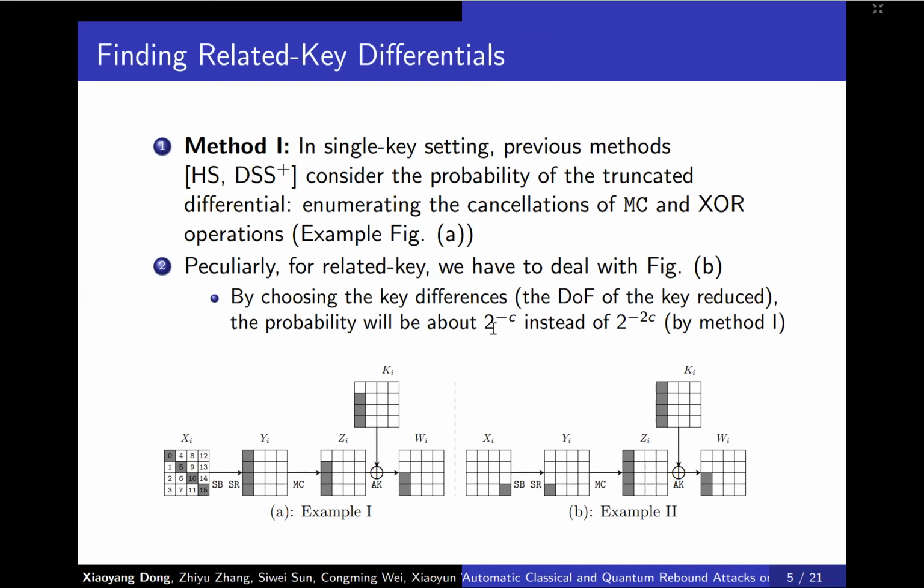That is 2^(-c) instead of 2^(-2c). This differential can be achieved by dedicatedly choosing a key difference. So by using the degrees of freedom from the key, we can increase the probability from this one to this one.